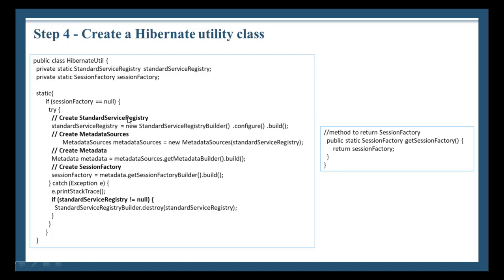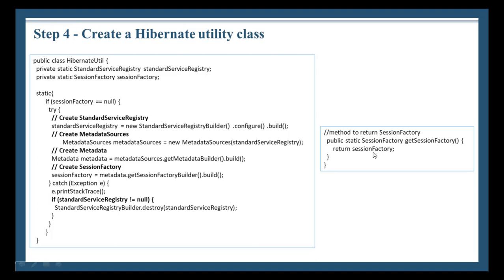So these statements for creating StandardServiceRegistry, MetadataSources, Metadata and SessionFactory will not be executed. And then finally we are going to write a method getSessionFactory which will return this instance variable sessionFactory. And for our subsequent examples we will make use of this utility class only, and we will invoke this getSessionFactory to return the instance of SessionFactory.